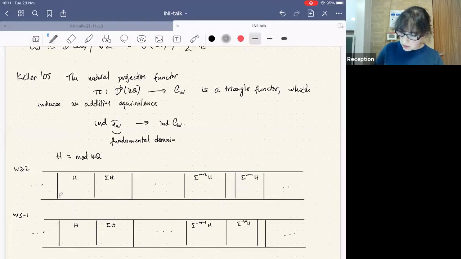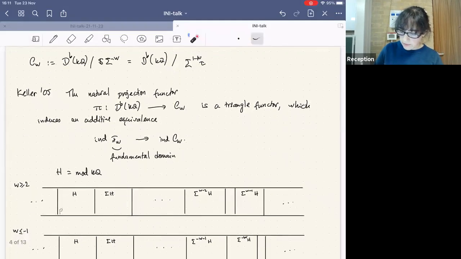Let's see. So in this orbit category, some objects here will be equivalent to the same one. So we can take tau inverse. So I'm actually doing shift W minus 1 and tau inverse here, which is the same.